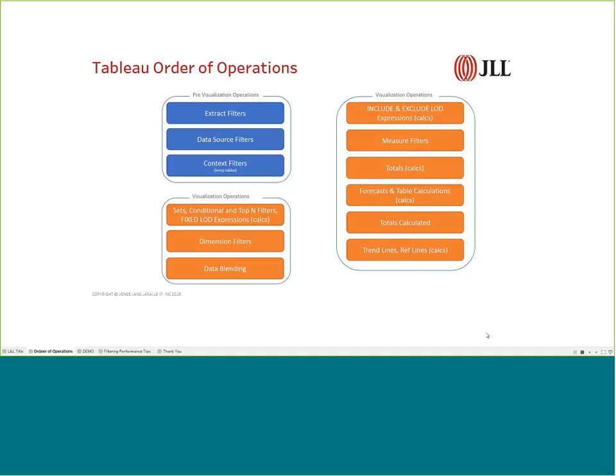And then totals, forecasts, calculated totals, and the difference here is, you can use calculations or window calculations for totals, but you can also use the built-in Tableau Totals functionality, and they are different, and they happen in a different order of precedence relating to forecast or table calculations, okay?